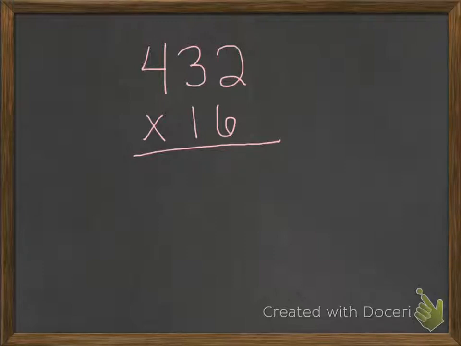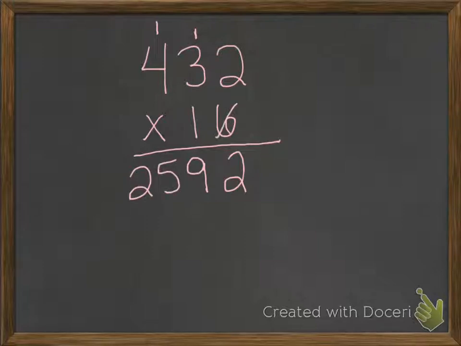So 6 times 2 gives us 12. Keep the 2, regroup the 1. 6 times 3 gives us 18, plus 1 more, 19. Keep the 9, regroup a 1. And then 6 times 4 is 24, plus 1 more is 25.